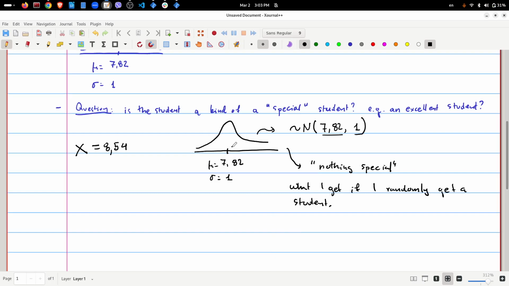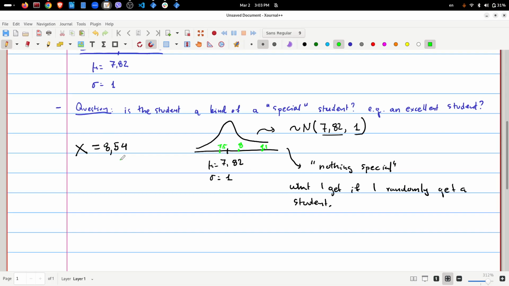In other words, if I randomly get a student, I might observe, let's say, a value of 7.5, a value of 8, a value of 9.1, and so on and so forth. So the average marks of not so special student, like a random student from this population, would be something like that.